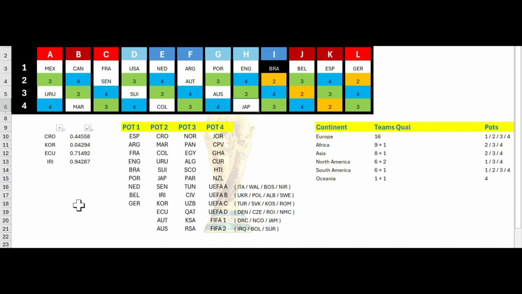Now, before we do that, we're just going to look at the scenario that I spoke about earlier. Yep, we've successfully avoided that. So Croatia can join Brazil in Group I.